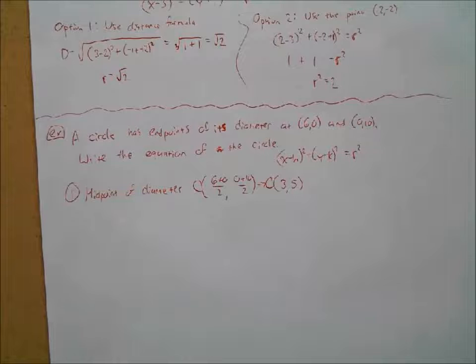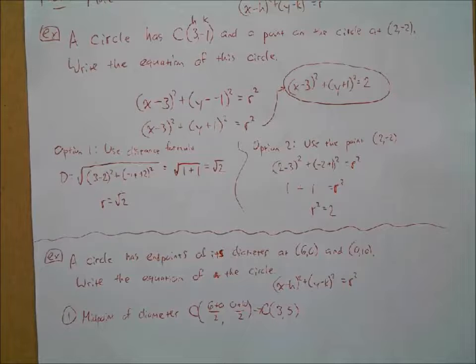Okay, and now that we have the center, and we have 2 points on the circle, how can we go about finding the radius? Distance formula, or plug it in. Yep, it's just like this problem now. Once you found that center, you can now use either of these two options to find the radius.